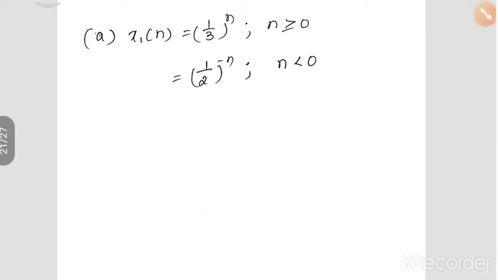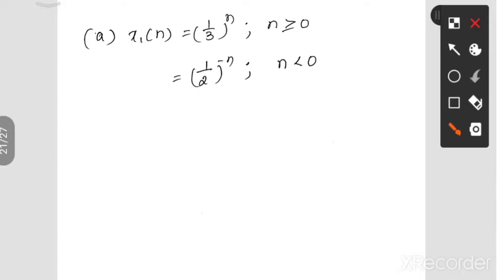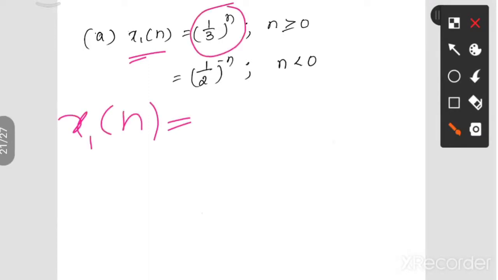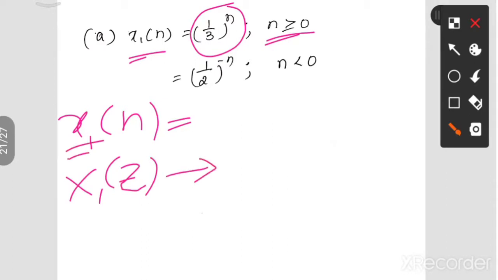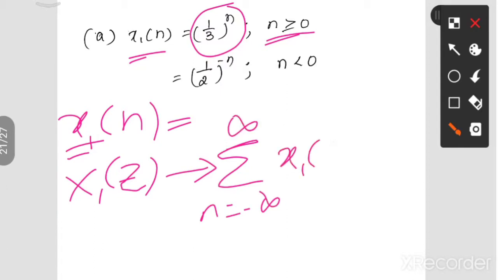As we know, this signal has to be written in this particular manner. So x1 of n can be written as 1 by 3 raised to n where n is greater than or equal to 0. Therefore the z transform of the first signal will be the summation from n equal to minus infinity to plus infinity of x1 of n into z raised to minus n.